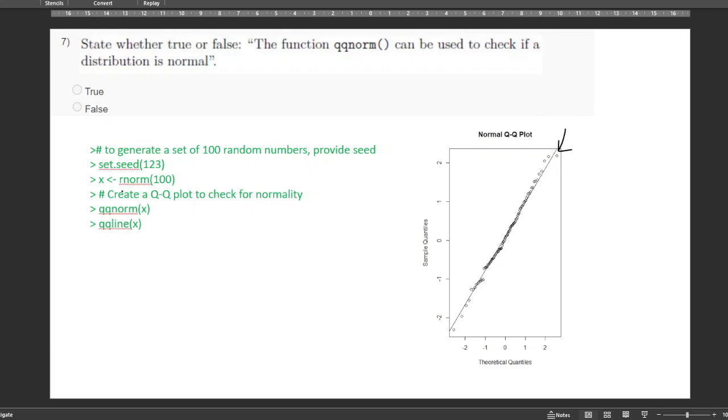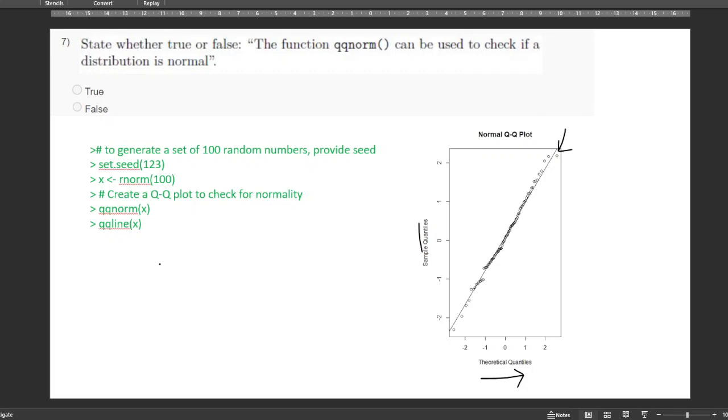Now I'm plotting with reference to the normal distribution for the given data set. qqnorm(x) will plot sample quantiles versus theoretical quantiles. If the points follow a straight line, it follows the normal distribution.